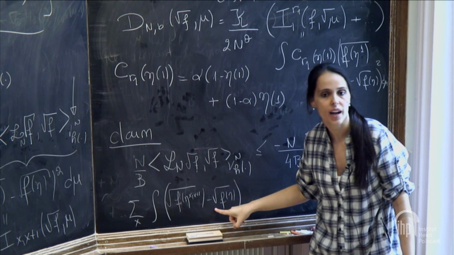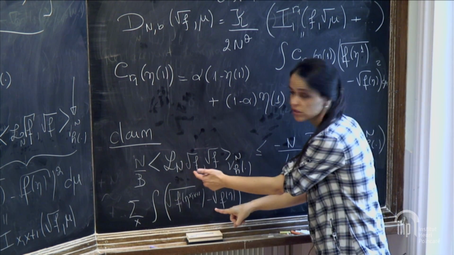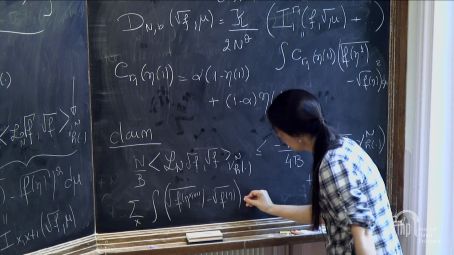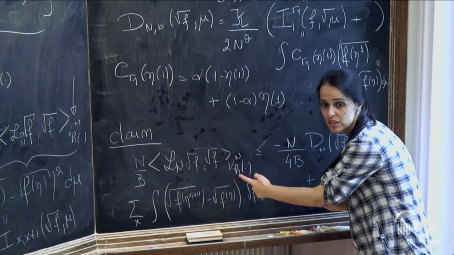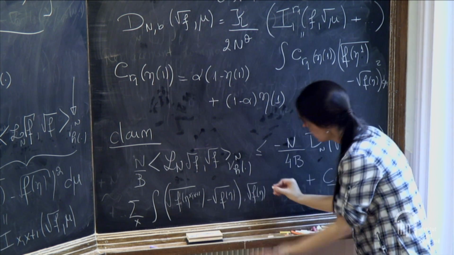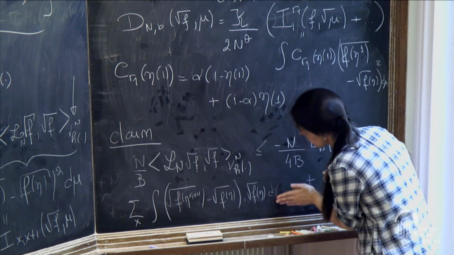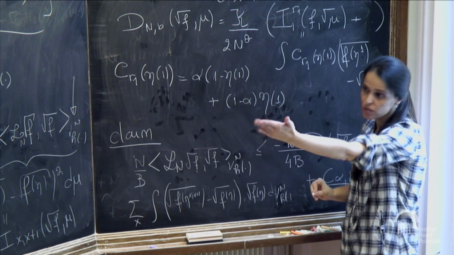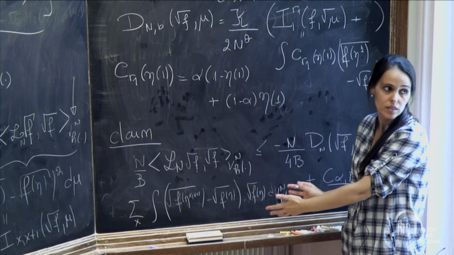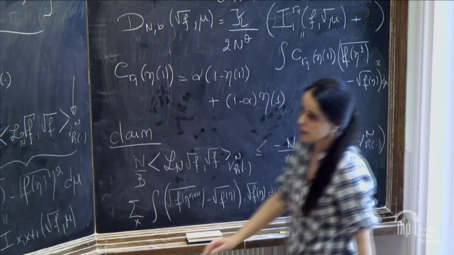You agree? This is what comes from the generator applied to the square root of f, times the square root of f at eta, and I compute the integral with respect to this measure. So this is why I need to bound these terms. This is the reason why.